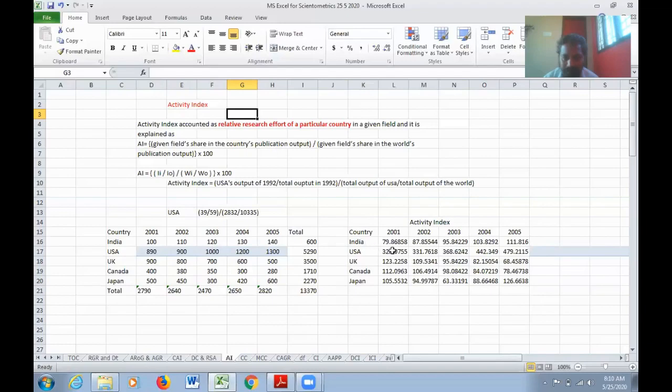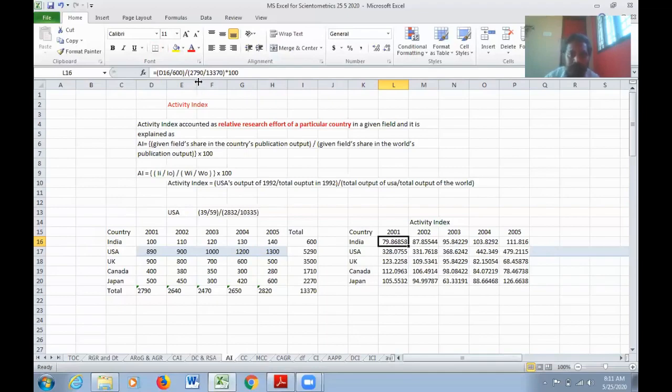Let's see the activity index. What is the formula? D16. What is D16? India's output in 2001 divided by 600. What is 600? Total output of India for all the 5 years. So 100 divided by 600. This is the first part.